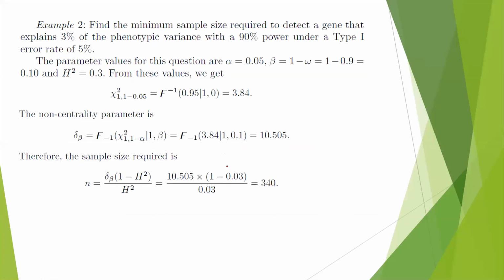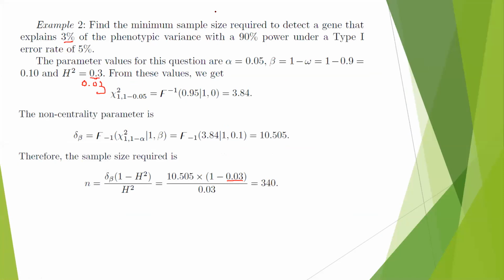Okay, because in the calculation, indeed, we use the 3% here. So this is correct, but here this should be 0.03. Any questions? Sorry about the typo. All right.